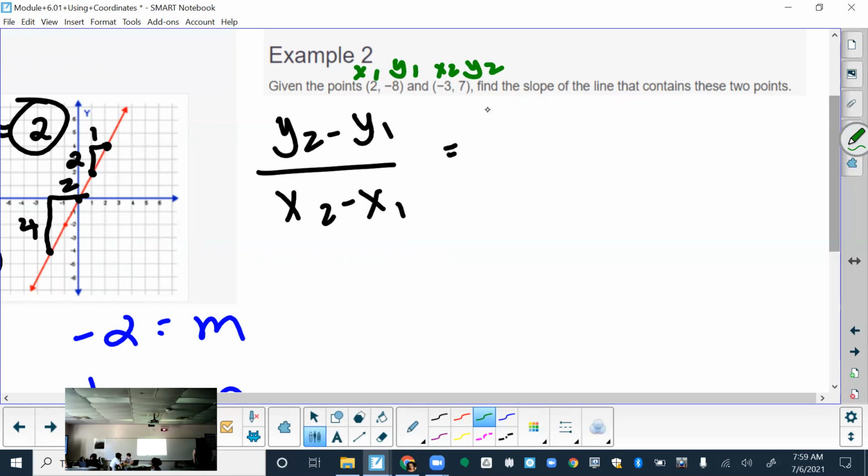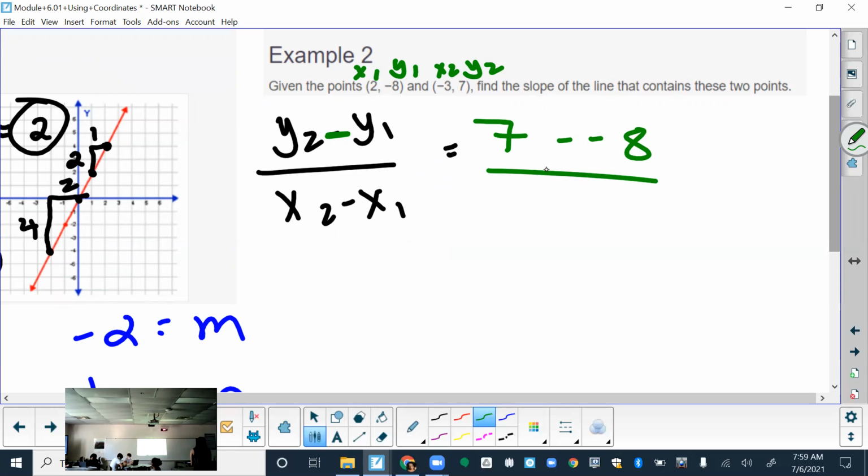So what number did we say is our y2? 7. What number did we say is our y1? -8. I'll simplify it in the next step, but make sure you don't just leave out the negative sign. All right, the formula has minus whatever the y1 is, so it's minus -8.